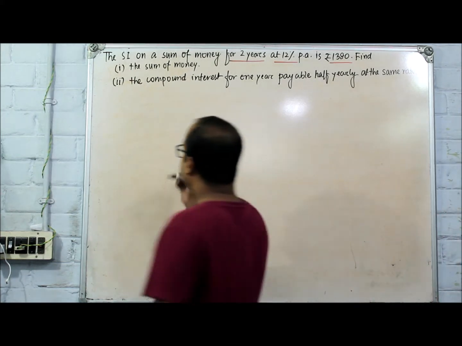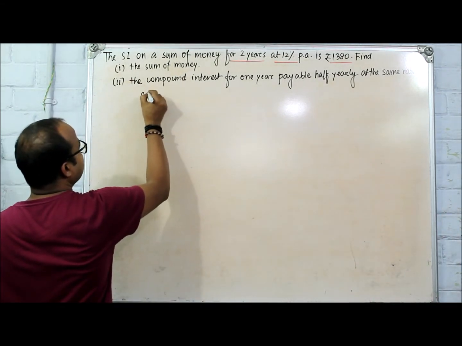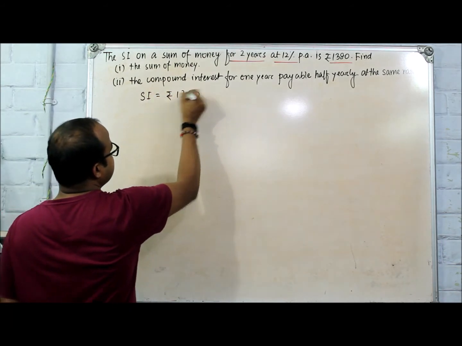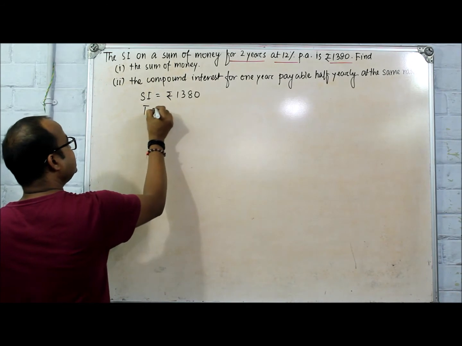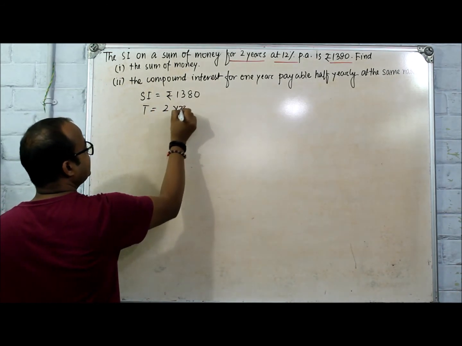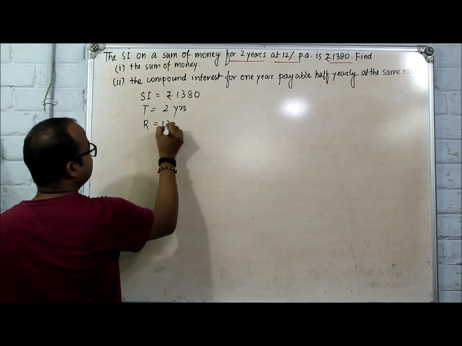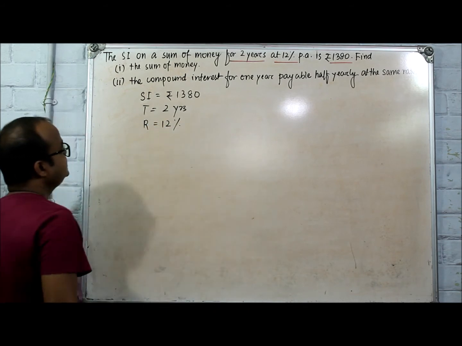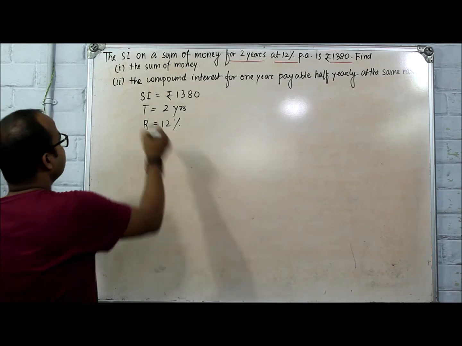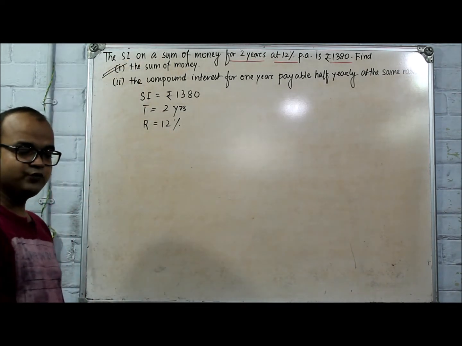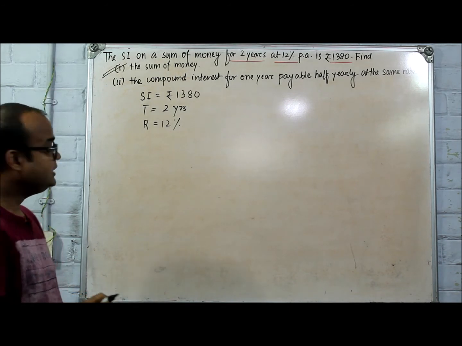So SI is given as rupees 1380. Time is given as 2 years and rate of interest is given as 12% per annum. So first part is we have to find out the sum of money.